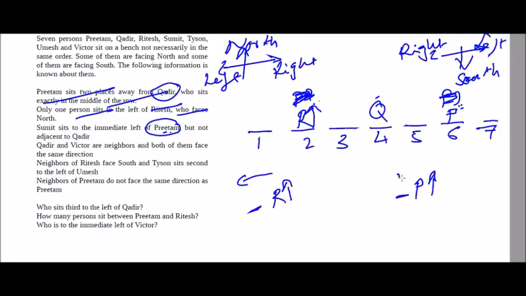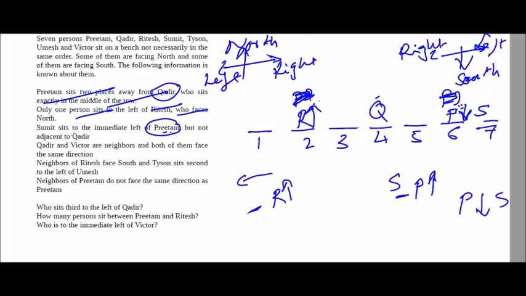This will be Sumit. And if Preetham faces south, immediate left will be here. But if Preetham is made to face north, Sumit will sit in position 5. Now this is not possible because Sumit does not sit next to Kadir. So I know Sumit sits in position 7 and I also know Preetham has to face south.